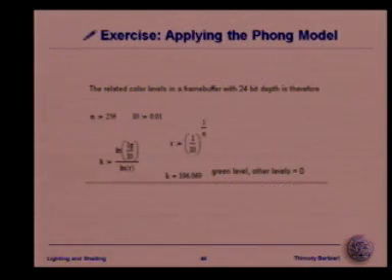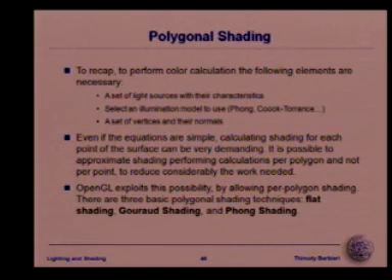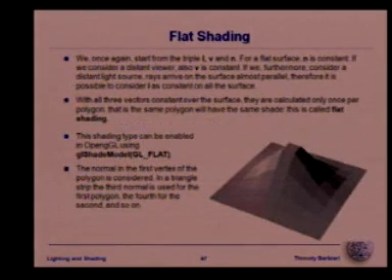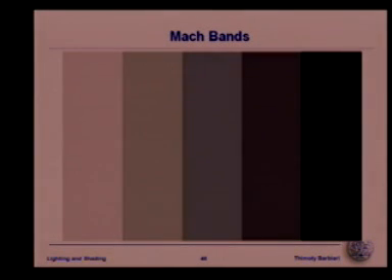So you may want something fancier to shade your polygons. This is a slide which is supposed to tell you that this system is not very nice, and it also shows you a phenomenon which is called Mach bands. Mach bands is a phenomenon at the perceptual level, which has to do with the way our eye perceives color.